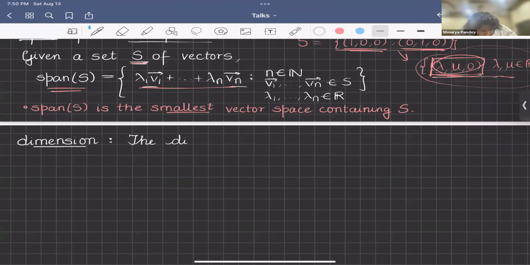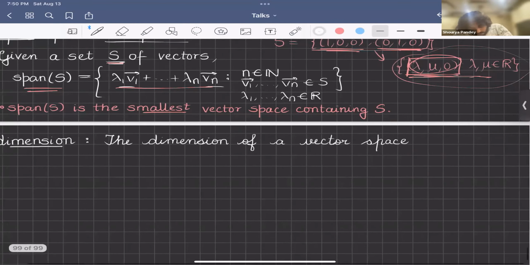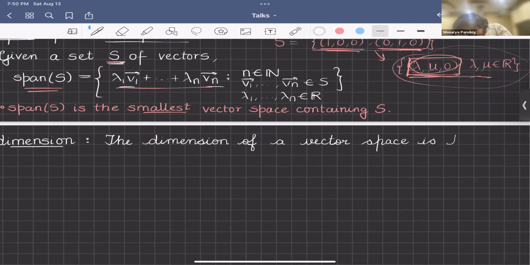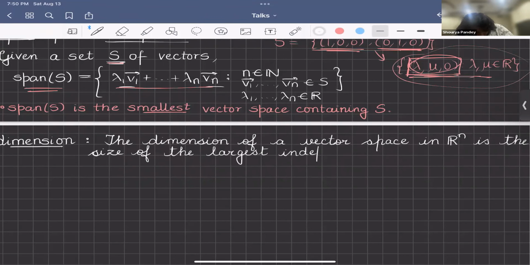The dimension of a vector space is the size of the largest linearly independent set of vectors.